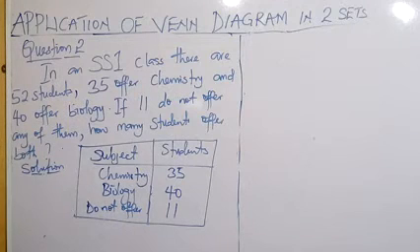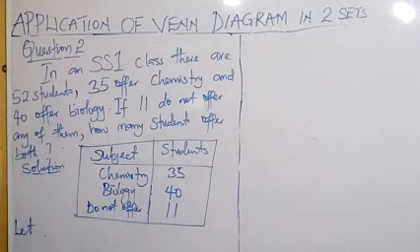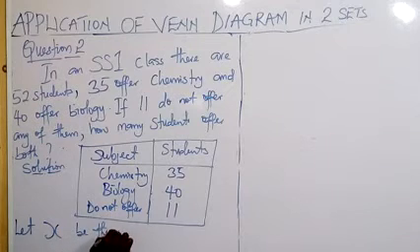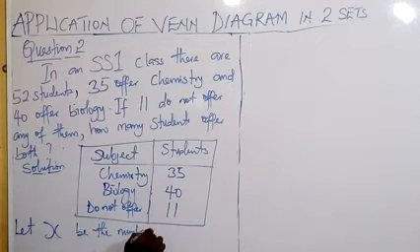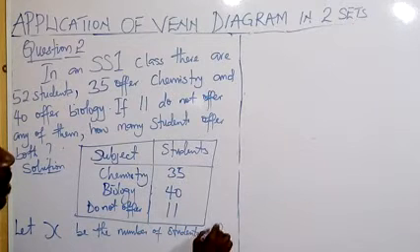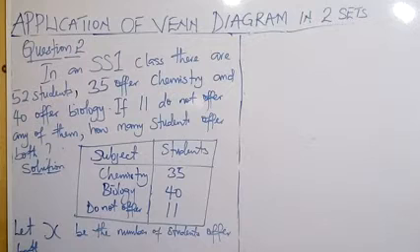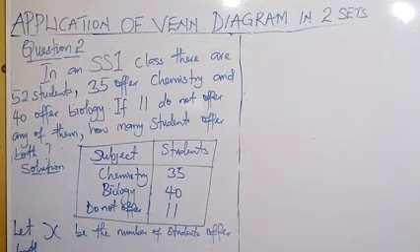Now, the question is, how many students offer both? We can say, let x be the number of students that offer both.